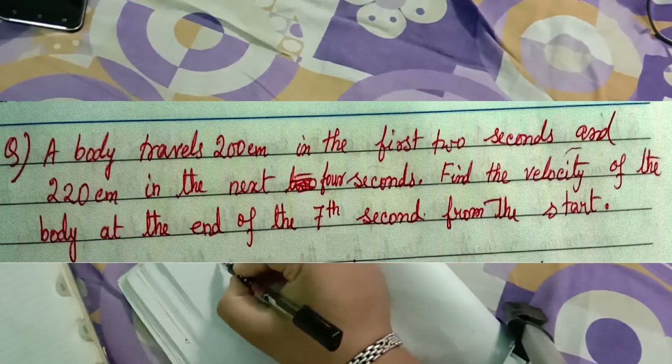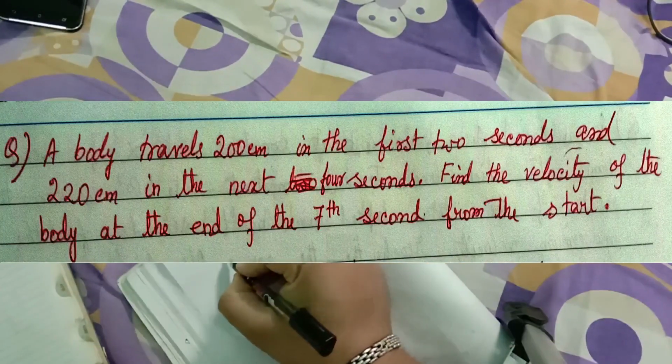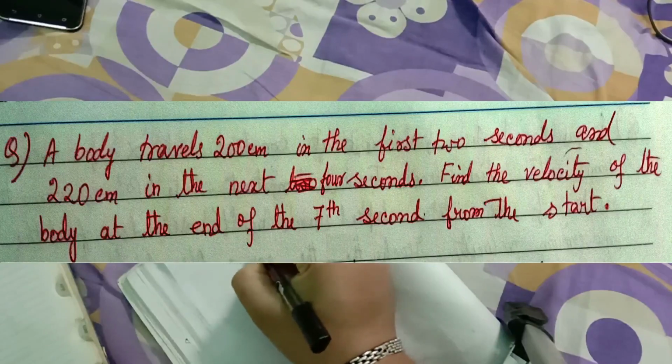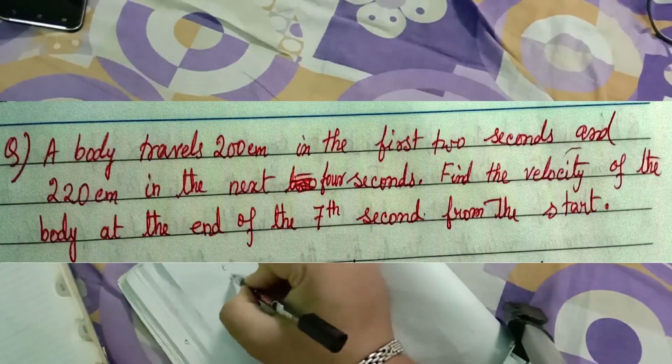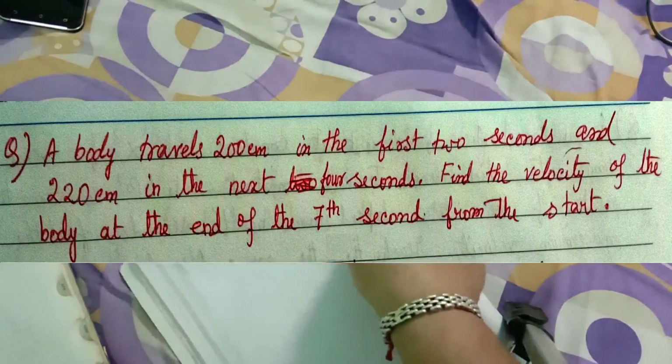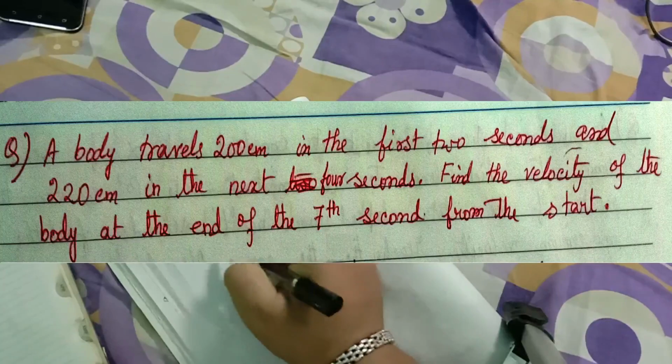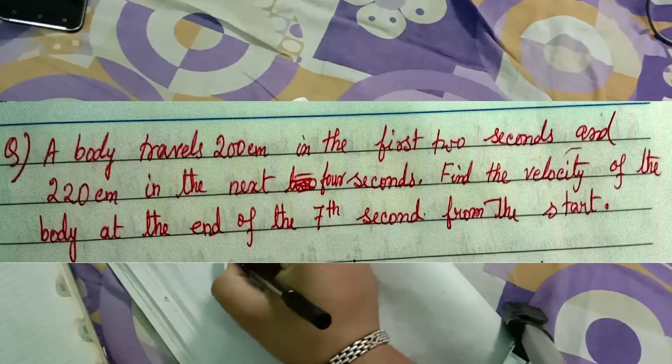For the first 2 seconds, S2 will be 200 centimeter. T will be 2 seconds from the start. Although it is counted from the start, we can't assume u as 0, because we don't know acceleration.